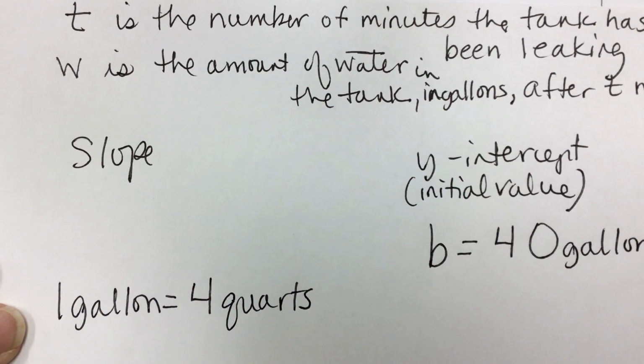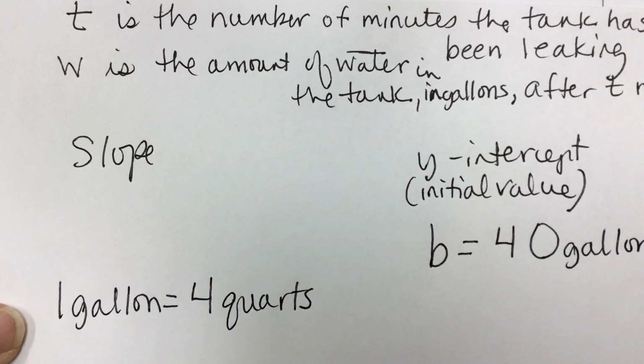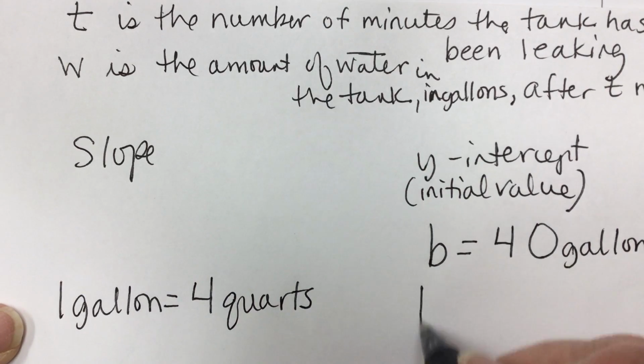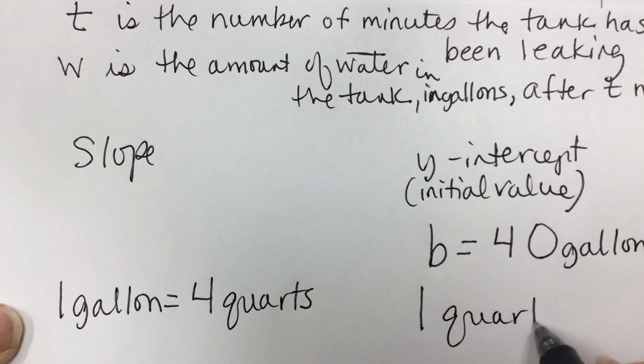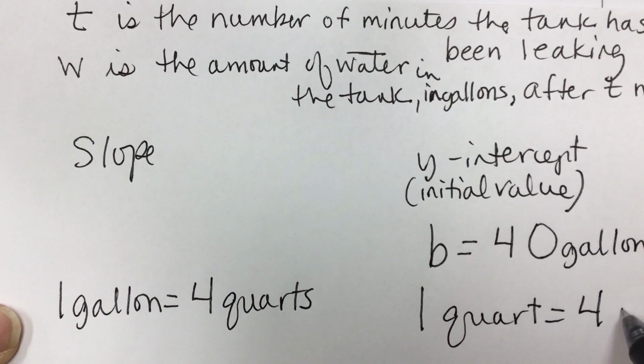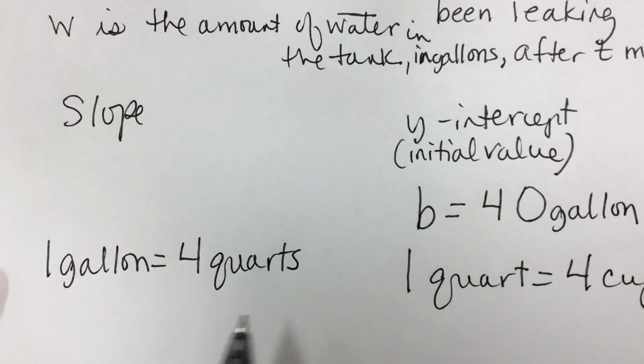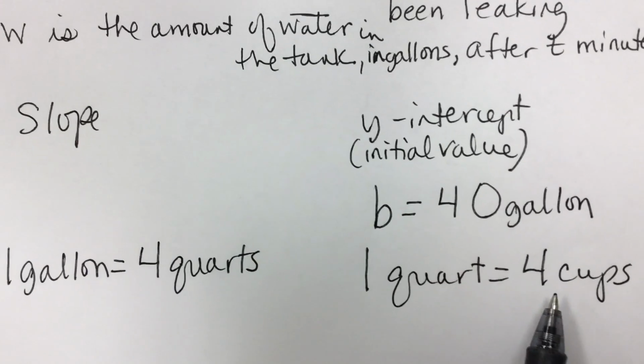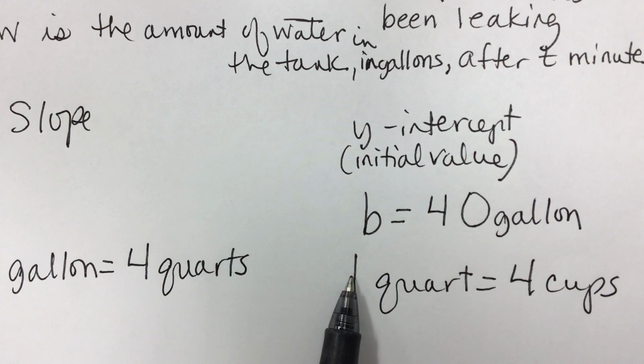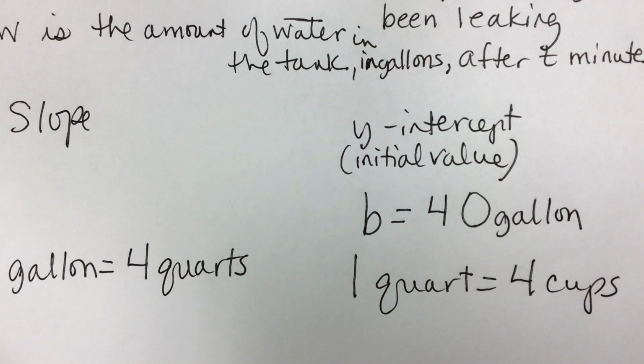There's 4 quarts to every gallon. Now remember, 1 quart is equal to 4 cups. We know that also. So 4 quarts is a gallon and 4 cups is a quart. Remember that. Okay?